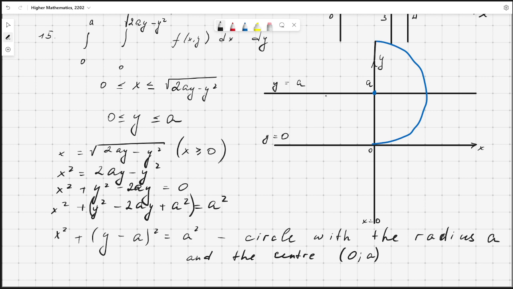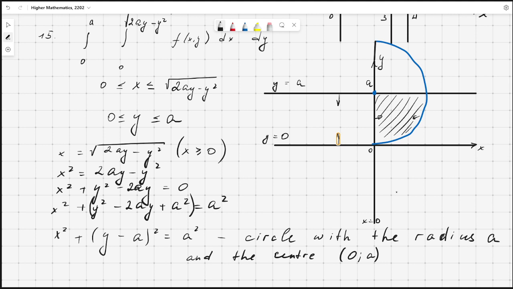Look, y from 0 to a between these two lines, and x from 0 to this line. And we will have this part of the circle. Then we must change the variable.